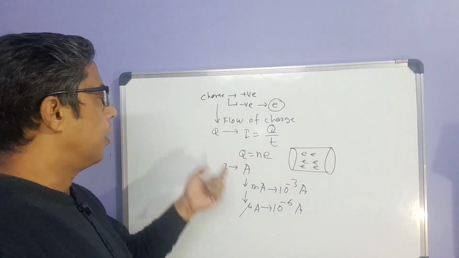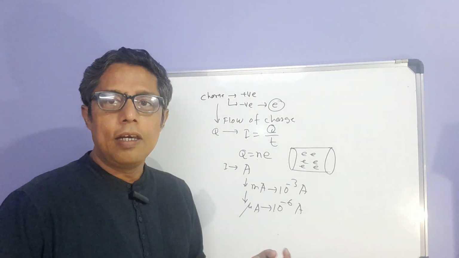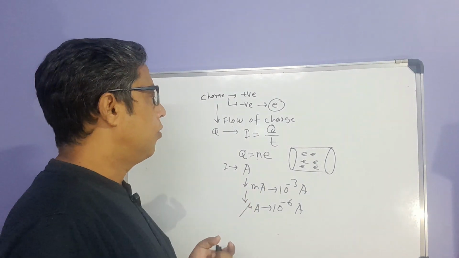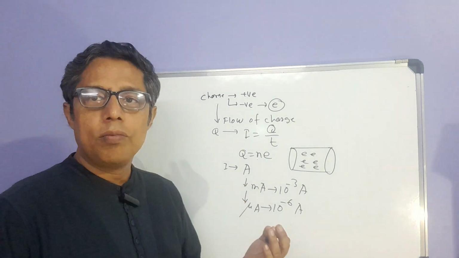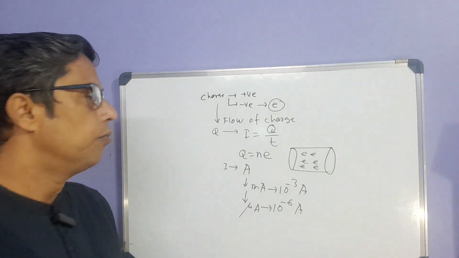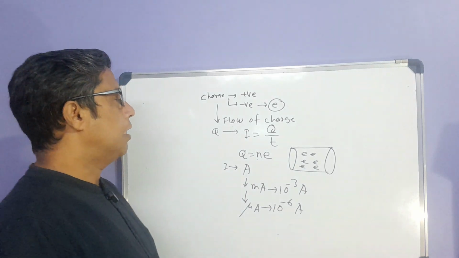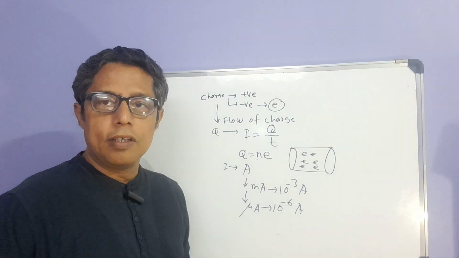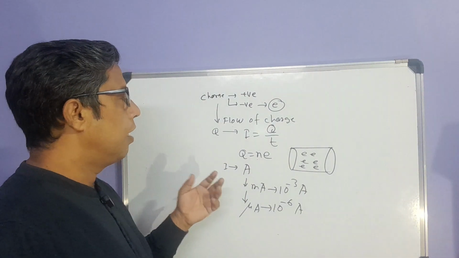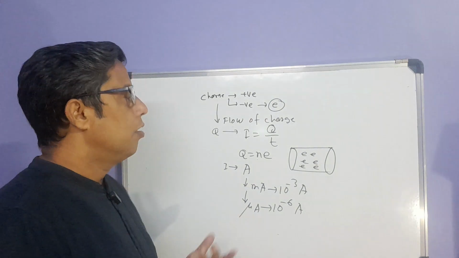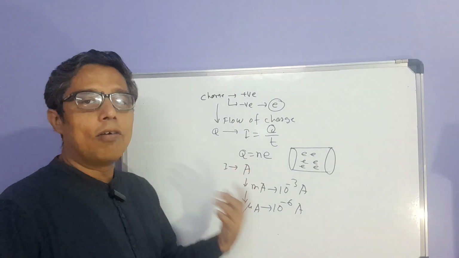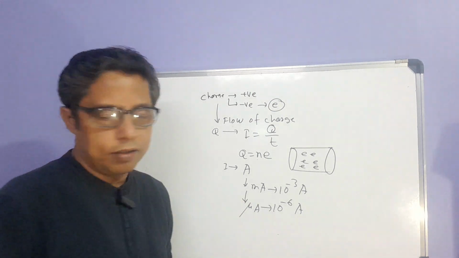Now currents are flowing. What is actually happening? Electrons are flowing, as you all know, and the positive charges are not moving. Now the next question is, what is drift velocity? Actually, electrons are having collisions.